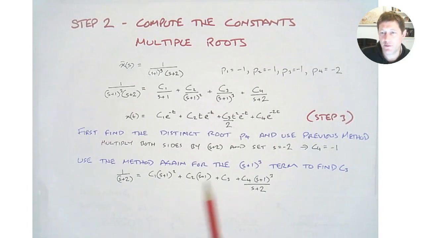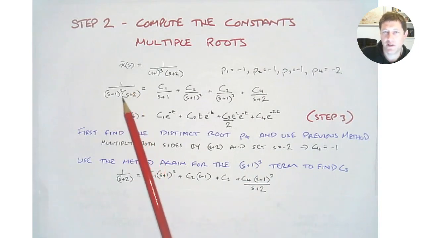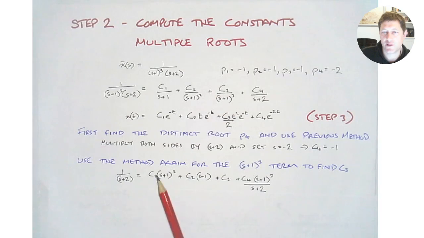So we've multiplied through by s plus 1 cubed, and that's eliminated that one, so we have 1 over s plus 2. We've multiplied by s plus 1 cubed here, so it's divided by s plus 1, and so it becomes s plus 1 squared. Likewise, this is s plus 1. c3 simply becomes c3 on its own, and then c4 has s plus 1 cubed divided by s plus 2.